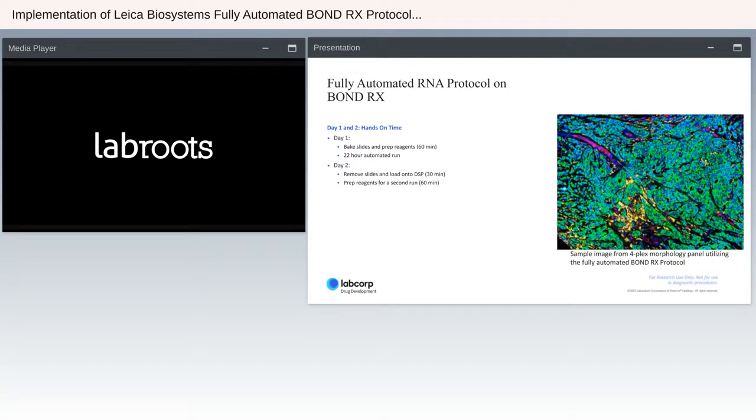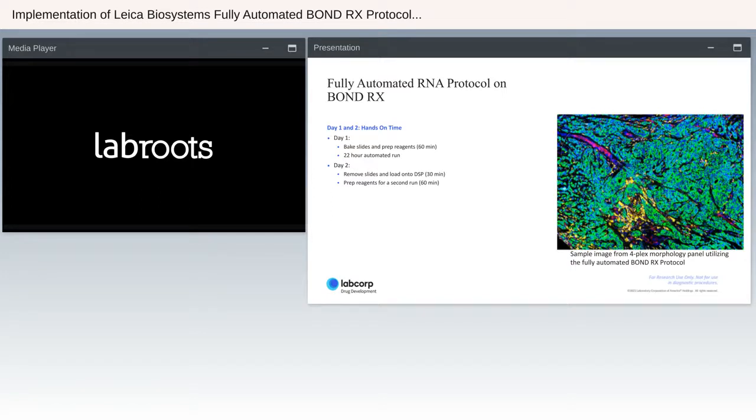Then Leica and NanoString partnered up and came up with the fully automated RNA protocol on the Bond RX. As you can see, the day one and day two hands-on time is very minimal. We still had to bake slides and prep reagents, but instead of just waiting for that 3-hour run and then doing RNA probe hybridization and morphological markers by hand, it is a fully automated, approximately 22-hour run on the Bond RX.